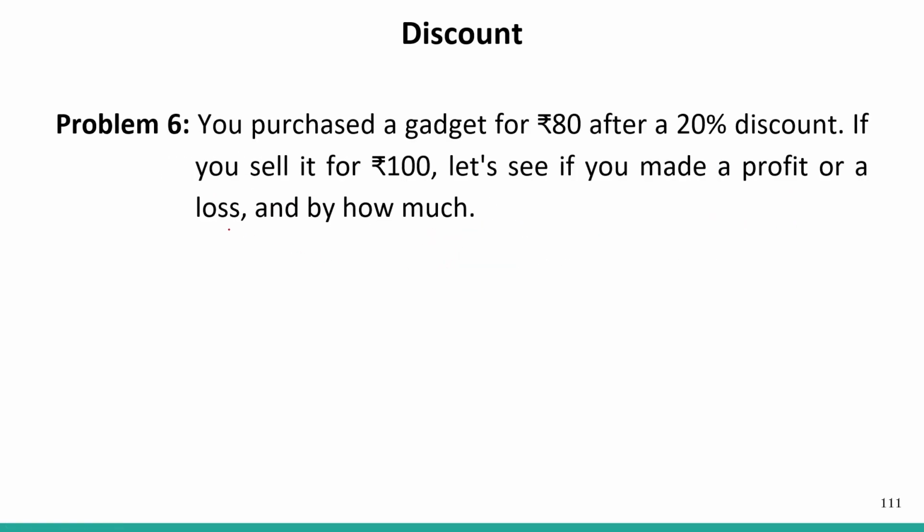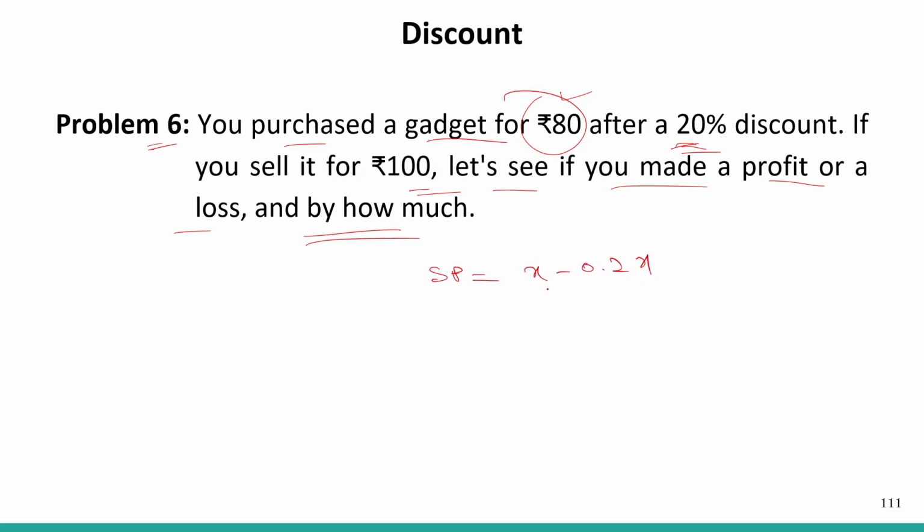So let's see problem number 6. You purchased a gadget for 80 rupees after a 20% discount. If you sell it for 100, let's see if you made a profit or loss, and if you made either of these, then by how much in percentage and in amount. So after 20% discount, SP is equal to x minus 0.2x.